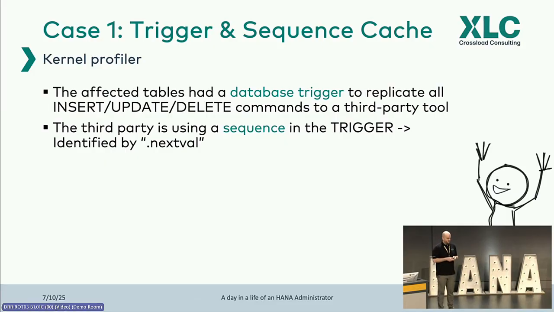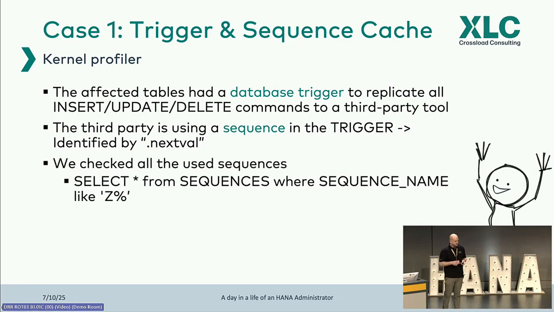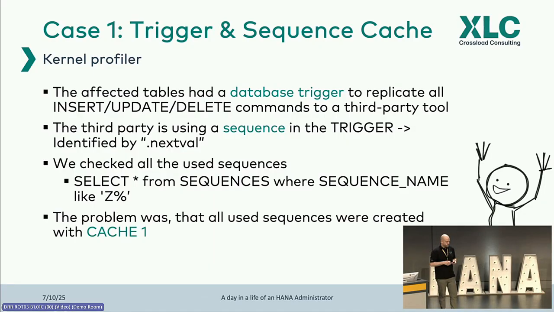And the third-party tool is using the sequence in the trigger, as I said before, identified by .nextval. And then we checked all the sequences which are used by the third-party tool, and found out that all these sequences were created with cache 1.